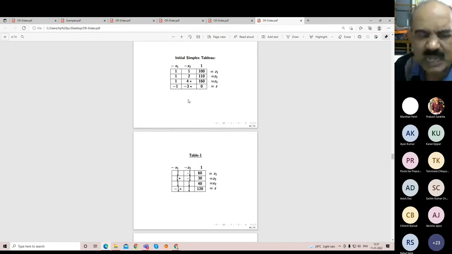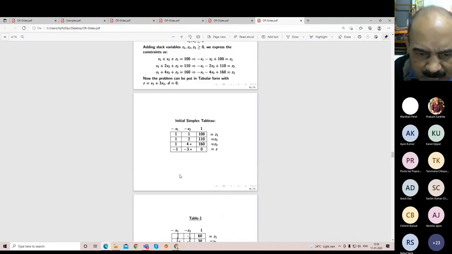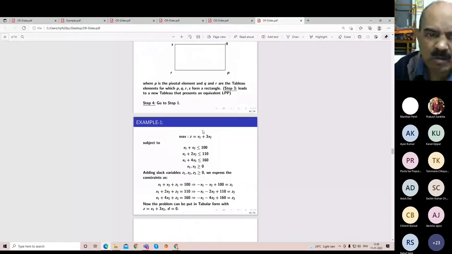For those other elements, we have to use the PQRS method. What is the PQRS method? Presently the 4 is our pivotal element. Now I'm talking about this corner element.